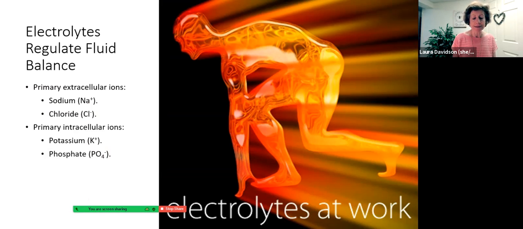As far as electrolytes that do their work in the fluids of the body, we talk about 4: the sodium and chloride, extracellular ions, and intracellular being potassium and phosphate.